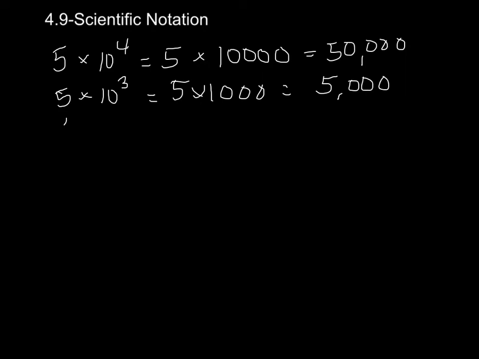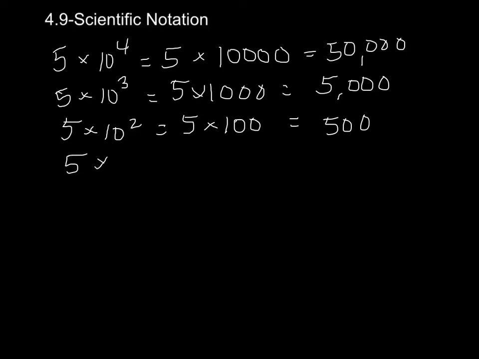Okay, 5 times 10 squared is the same as 5 times 1 with 2 zeros, or 500. 5 times 10 to the 1 power is the same as 5 times 1 with 1 zero, or 10, because remember, 10 to the first power is just the same as saying 10, or 50.